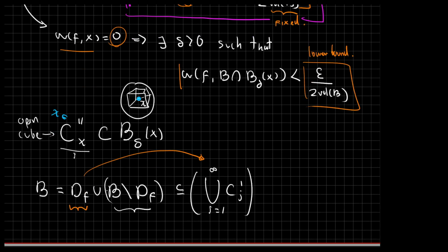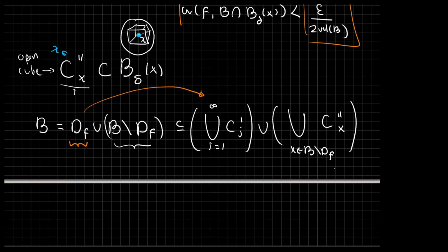So the whole set can be covered by a union of, let's write it here, the union of these cubes over x, like this. But recall that V is a compact set.